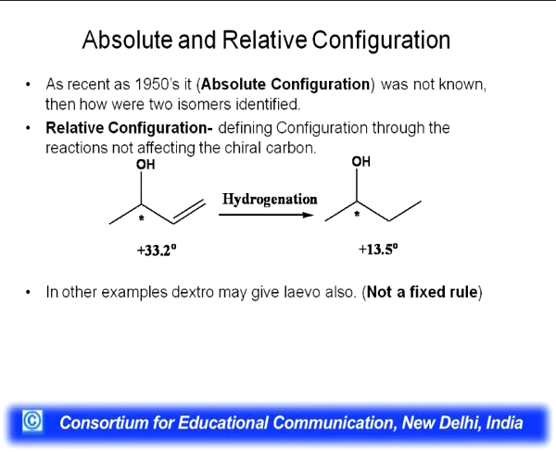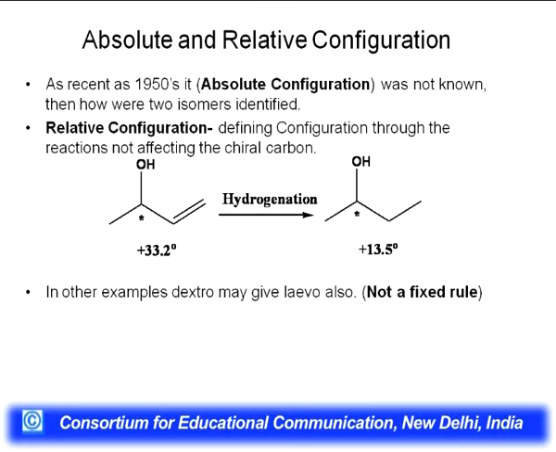What they used to do, between the reactions of optically active molecules, was correlate the optical rotation of reactant A and reactant B. That means when this alkenol was reduced on hydrogenation, the 2-butanol which was formed was dextro. So, they could correlate that a dextro alkenol gives a dextro alcohol.